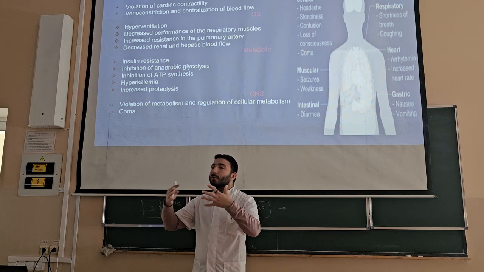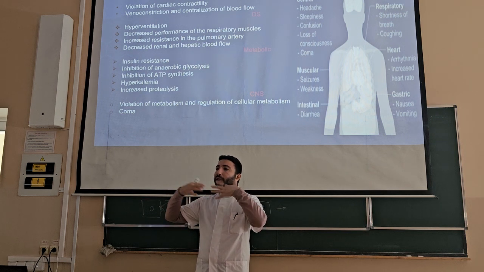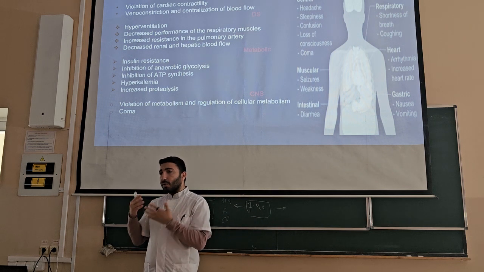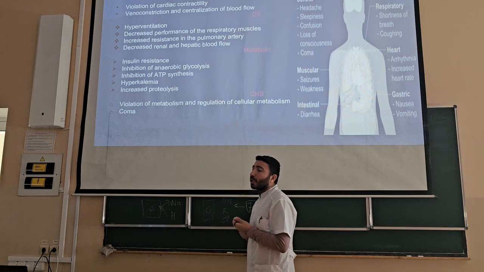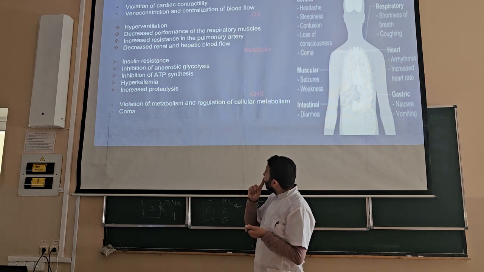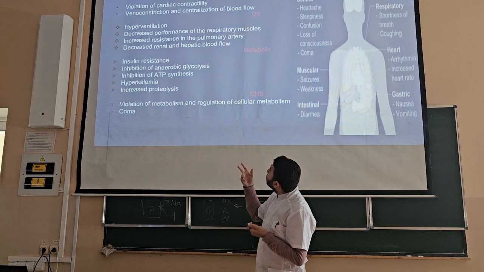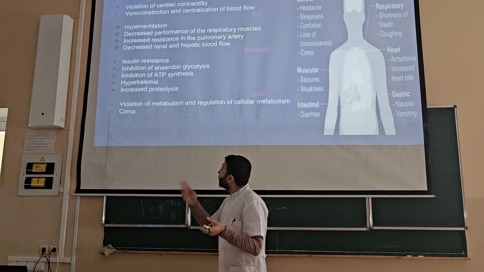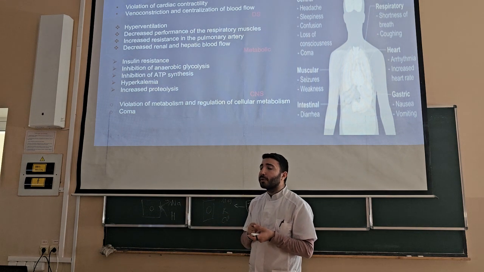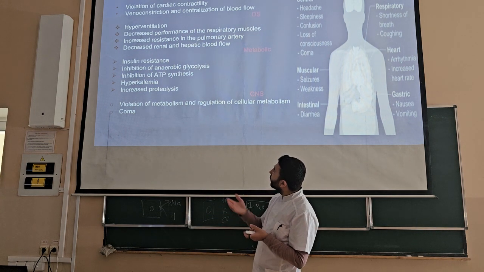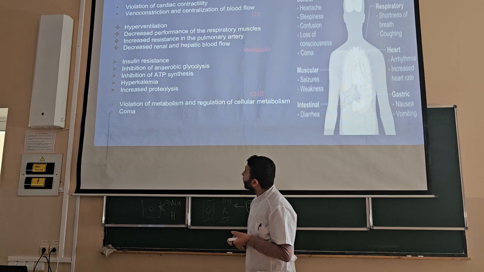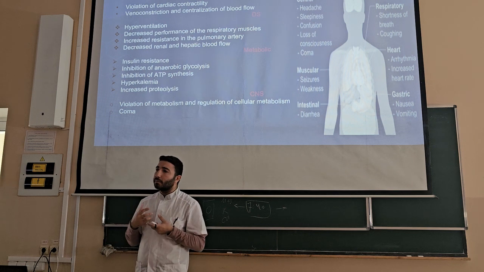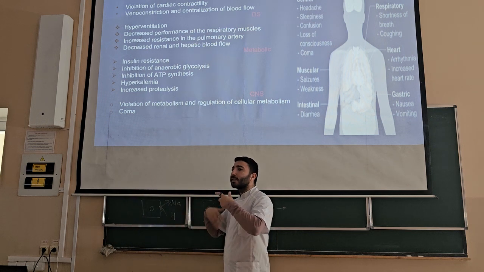Because of the hyperventilation, too much breathing, muscles will fatigue. Also there will be an increase in the workload of the breathing muscles. This fatigue will also increase the resistance in the pulmonary artery, as well as decrease the renal and hepatic blood flow, because the respiratory system occupies a large amount of blood during this operation.